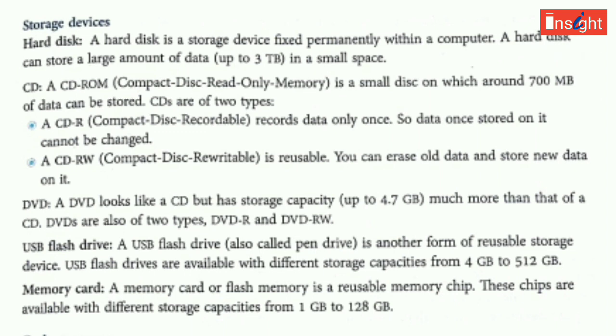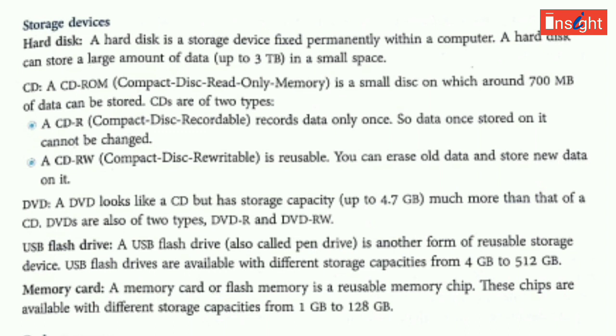These are of two types: CD-R, compact disc recordable, and CD-RW, compact disc rewritable. CD-R records data only once, so data once recorded on it cannot be changed. It remains permanently there. A CD-RW is reusable. Here we can erase all data and store new data on it.